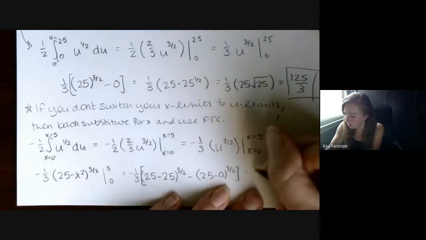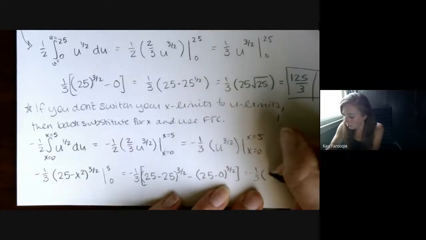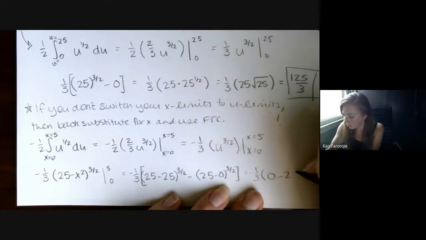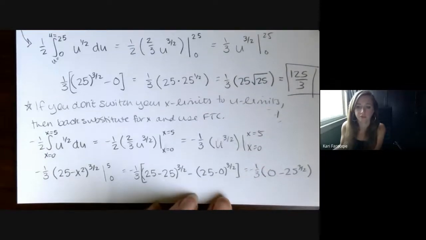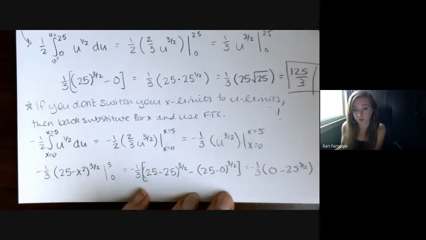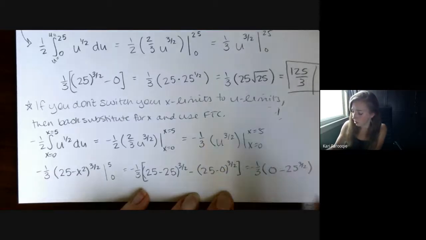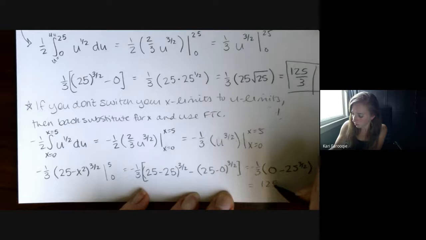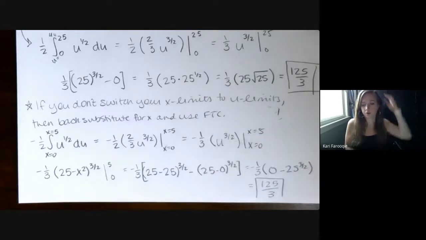And this would be -1/3 times 0 minus 25 to the 3/2. And we just said that 25 to the 3/2 was 125. Minus a negative is positive. You would still end up with 125/3.